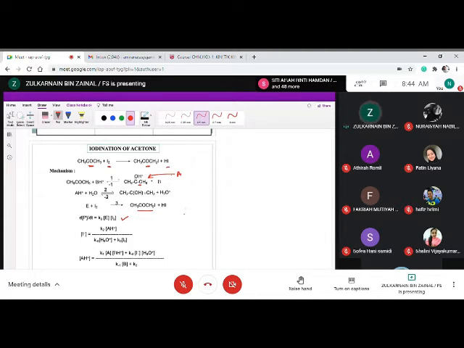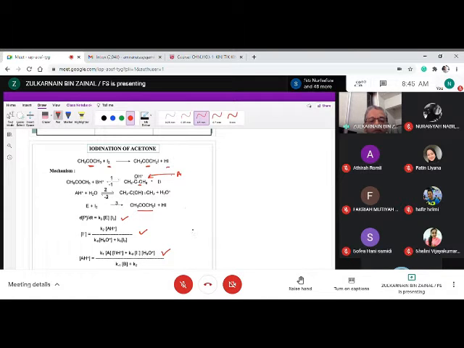Then for E, if you use a steady state approach, you will get E as this and AH plus as this.